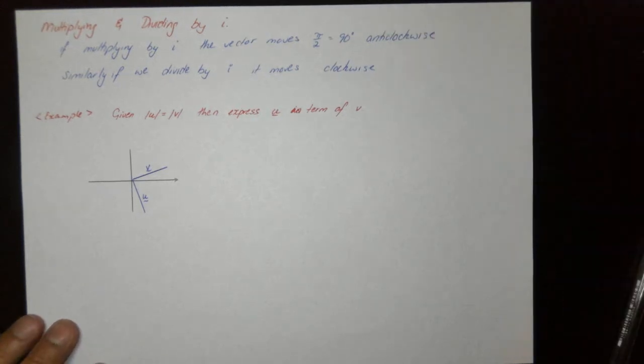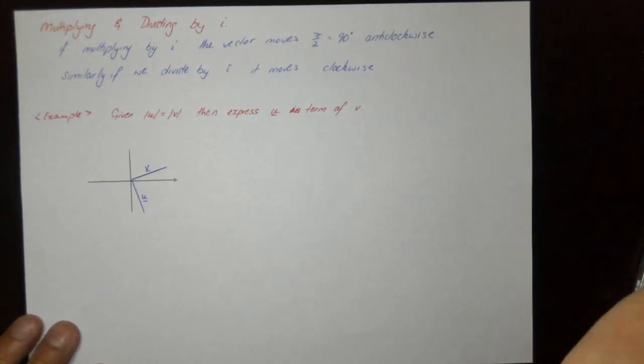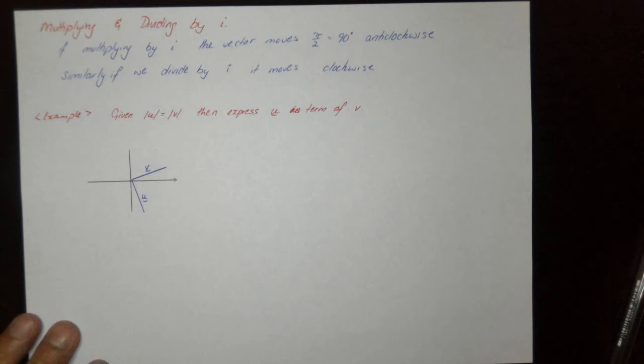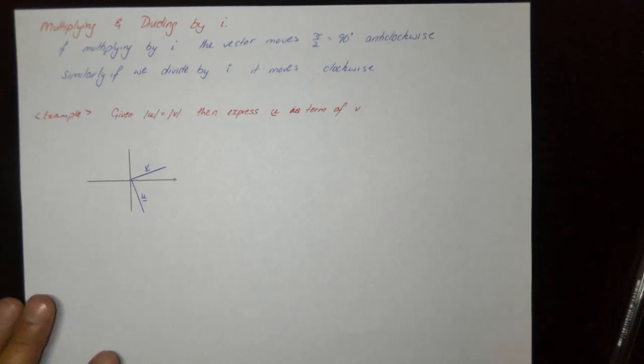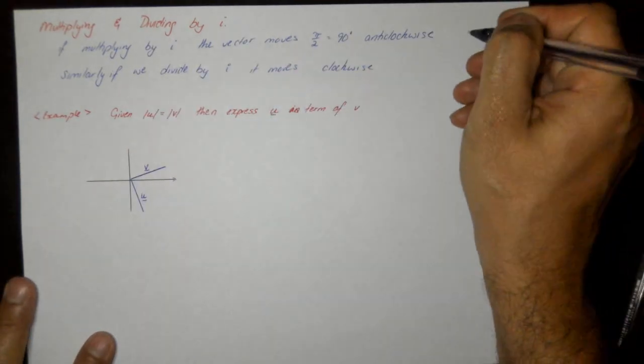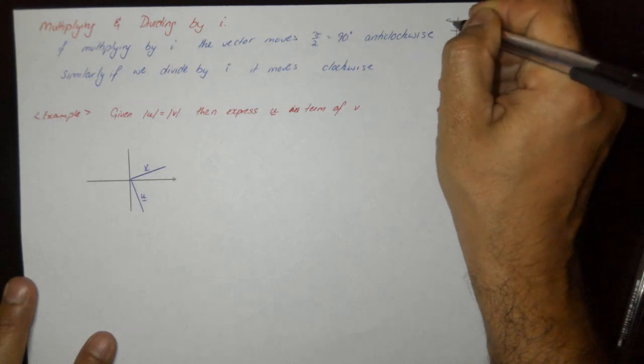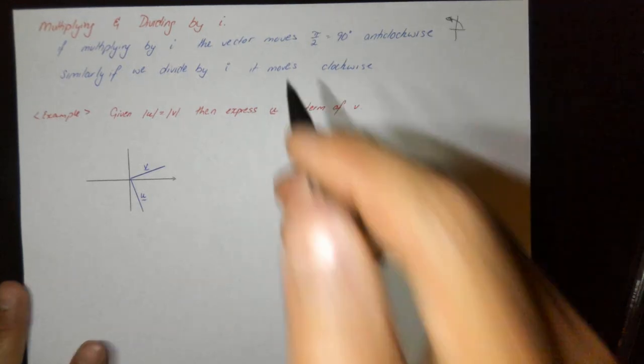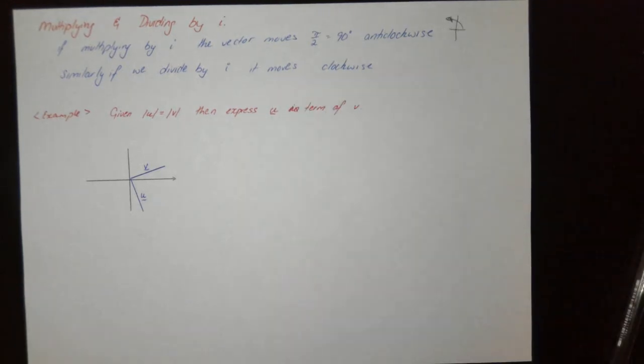Obviously, multiplying by i: if we multiply by i, it moves by 90 degrees in an anti-clockwise direction. And if it's divided by i, it's going to move in a clockwise direction.